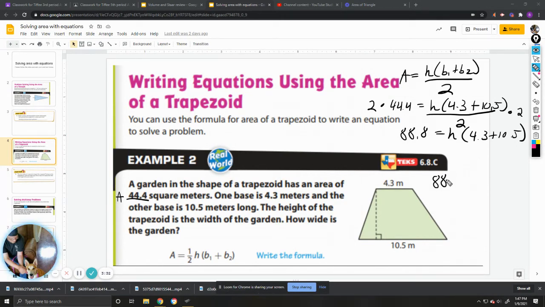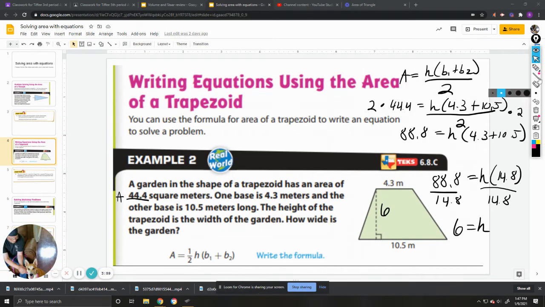So now you have 88.8 equals the height times 14.8. Since that 14.8 is being multiplied, you're going to do the opposite and divide it. 88.8 divided by 14.8 comes out to 6. So the missing height of this trapezoid is 6.